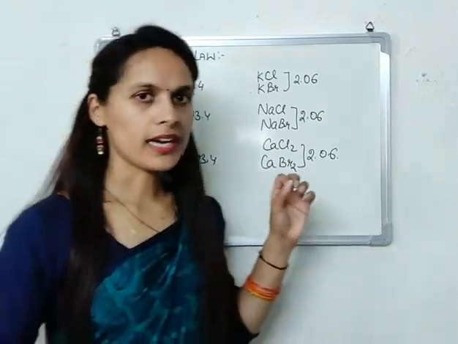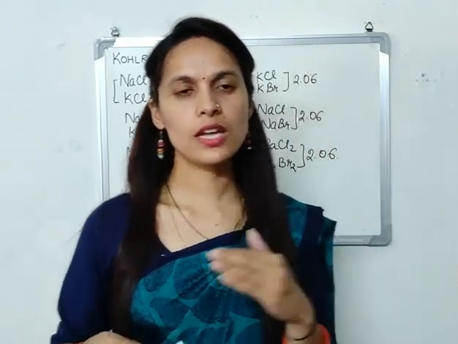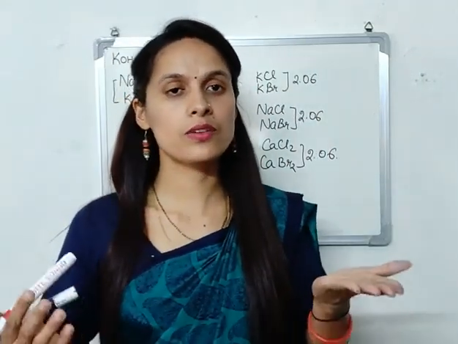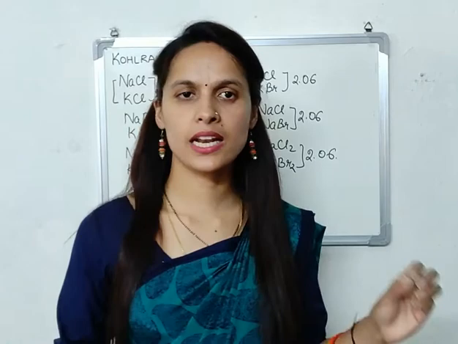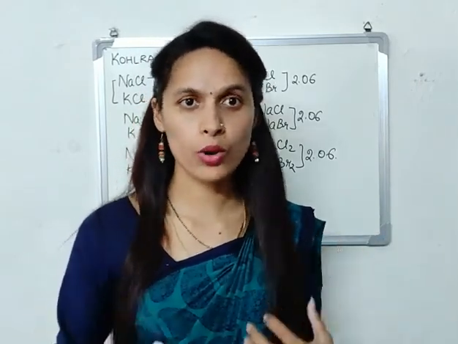Kohlrausch observed that if I take a pair of strong electrolytes in which either the cation or the anion is similar, then I get a common difference in the molar conductivity.